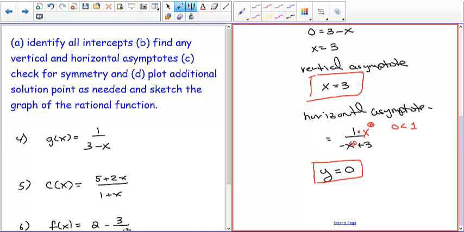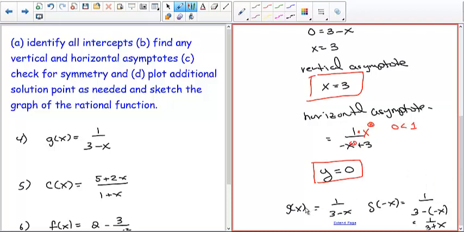Okay, check for symmetry. What are they saying there? Well, if you do g of x, that's the function, and if you did g of minus x, you get 1 over 3 minus a minus x, which would be 1 over 3 plus x.